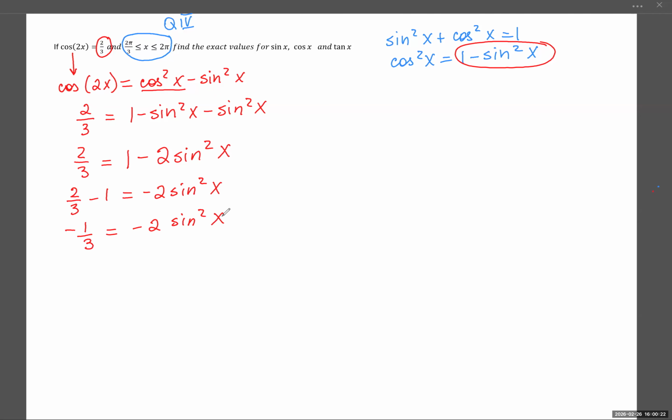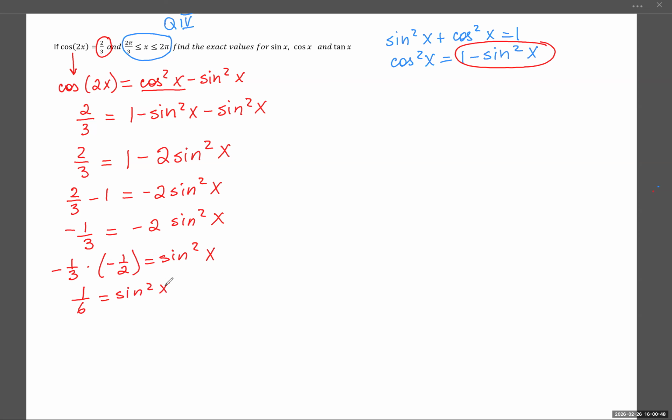We're going to divide by negative 2, but it might be easier to remember that dividing by negative 2 is the same as multiplying by negative 1/2. So this is negative 1/3 times negative 1/2 equals sine squared x. So now negative times a negative is positive. So this is 1 over 6 equals sine squared x.